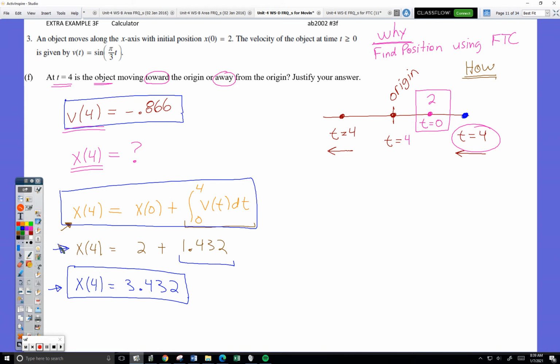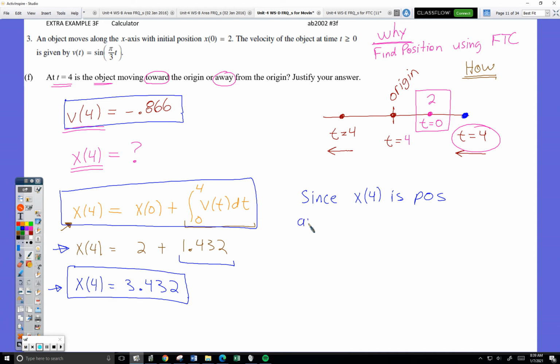So I've got to have the blue boxes. Now I need a statement. The statement's pretty much like the last one. I say, since x of 4 is positive, so x of 4 being positive tells me that at time equal 4, the object is on the right side of the origin.